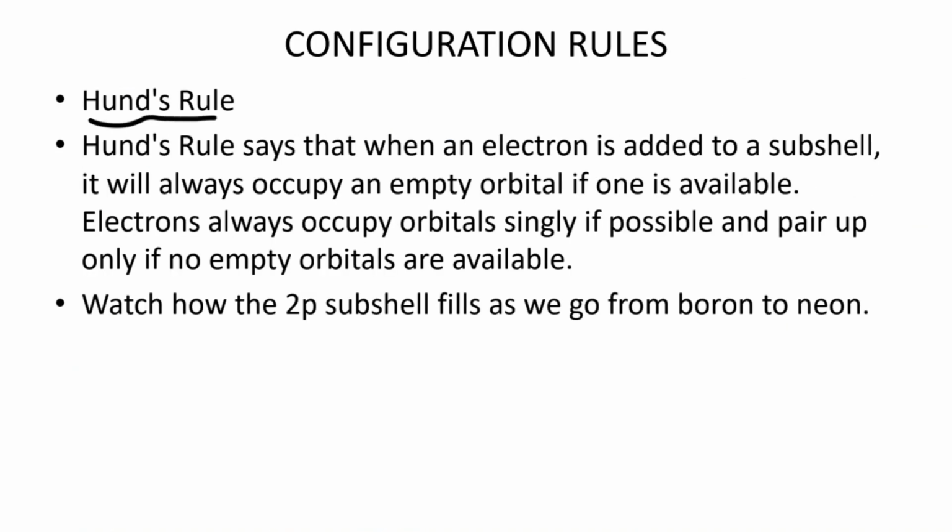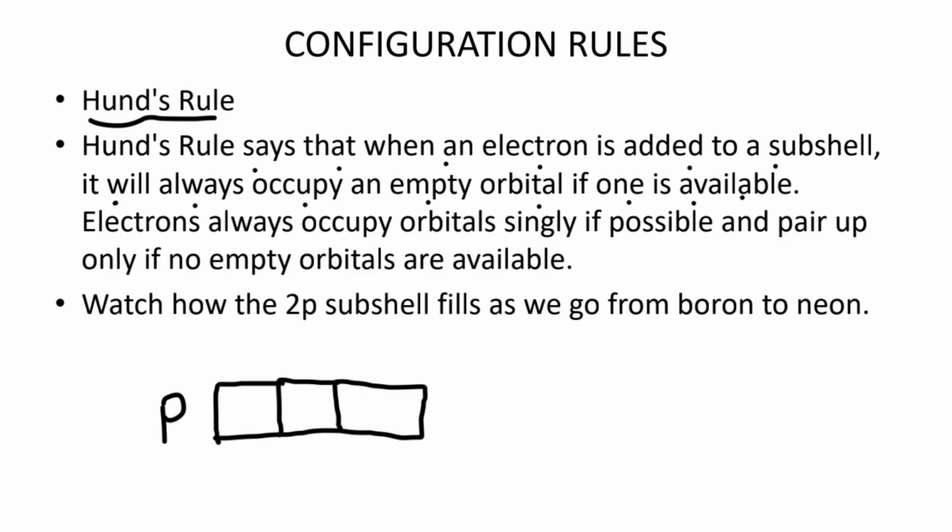Hund's rule, another very important rule, says that when an electron is added to a subshell, it will always occupy an empty orbital if one is available. So again, when we draw the p subshell, we said that it has 3 orbitals, right?